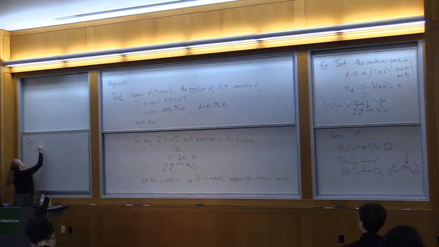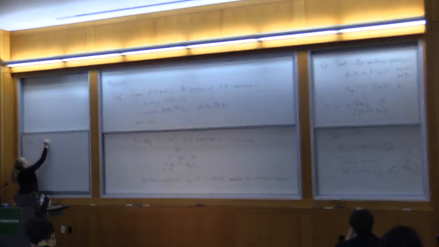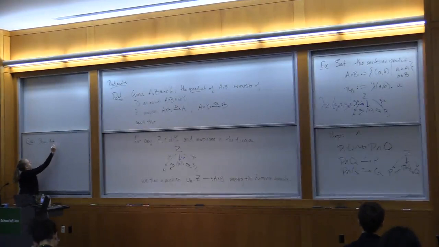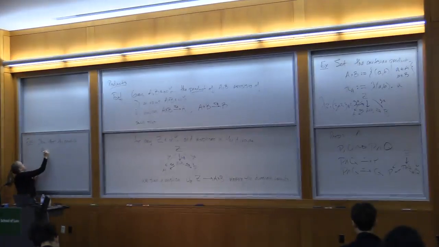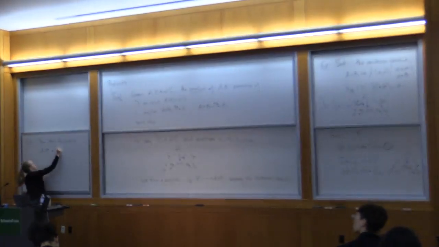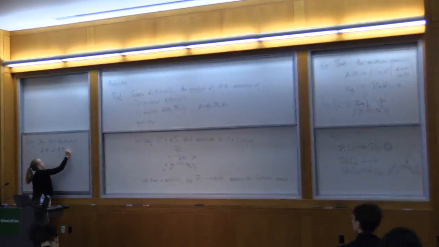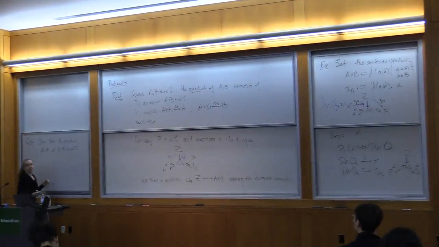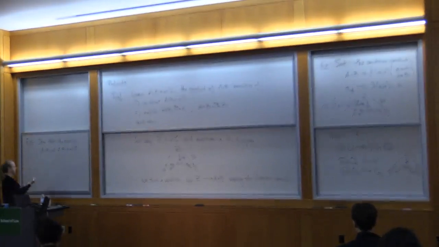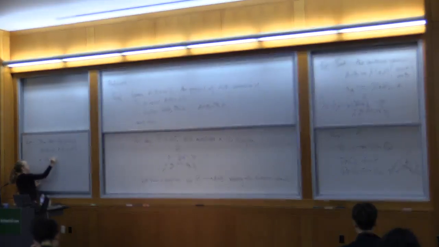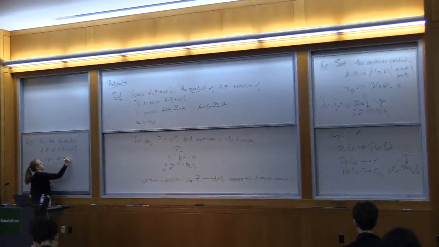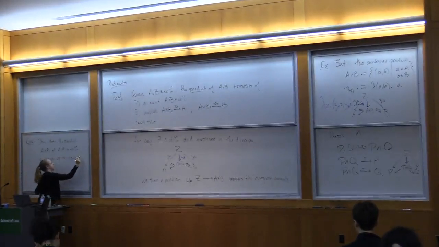So here's an exercise. Show that the product A times B of objects A and B in a category is unique up to unique isomorphism.